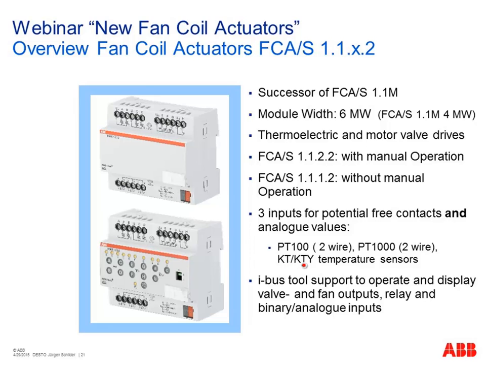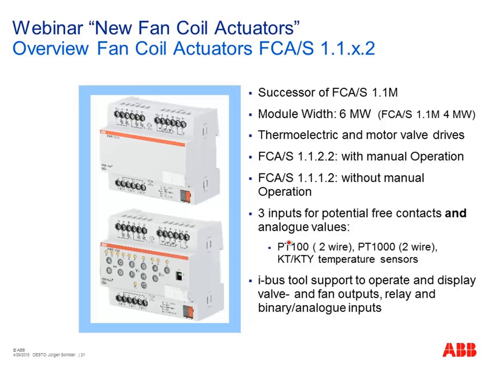Here already some features. We now always have 3 binary inputs available. The FCAS11M had only 2 binary inputs. But binary inputs is not the right word. In principle, these are inputs usable for potential free contacts as binary inputs, but also for analog values.